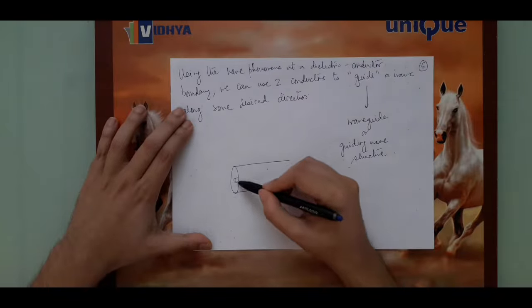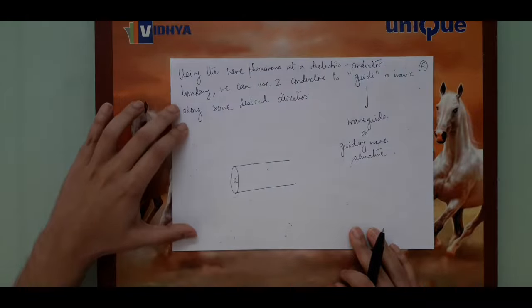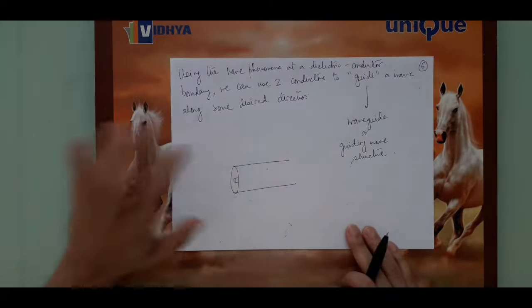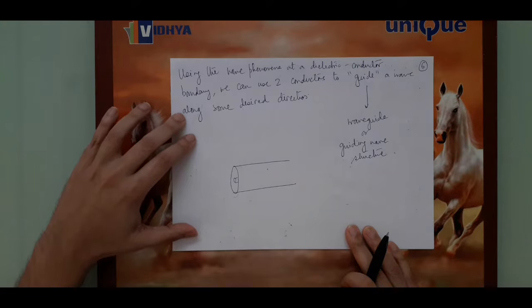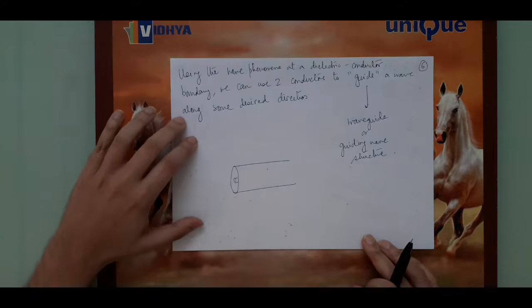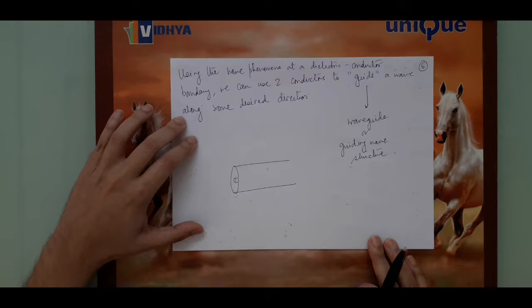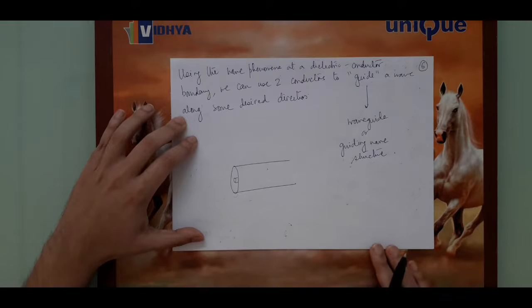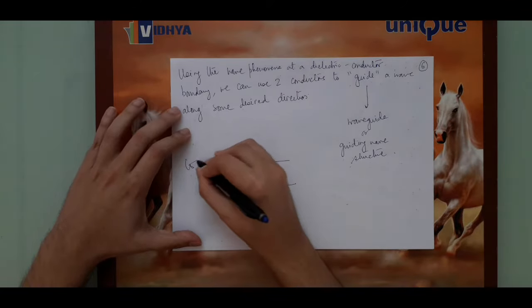You have an outer conductor which encloses an inner conductor. So this two conductor system is also a waveguide, and these two conductors are placed in a very strategic way through which they can guide the wave, the fields rather. The field components of the waves will be guided through and the wave energy will propagate. This is an example of something called a coaxial cable.